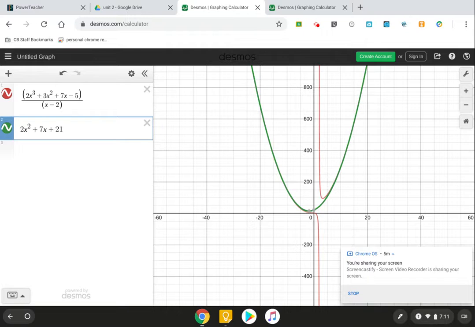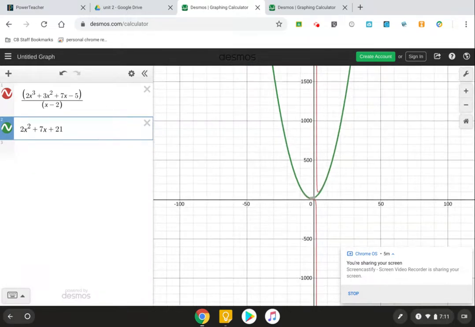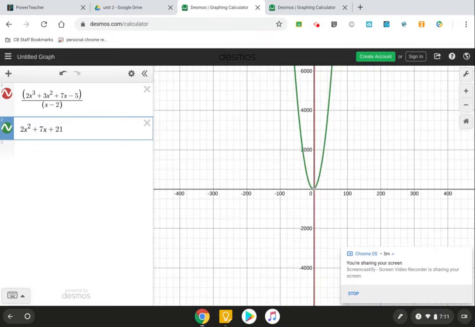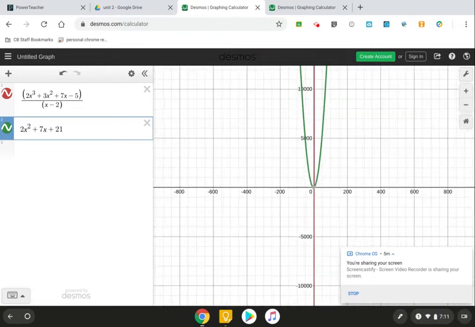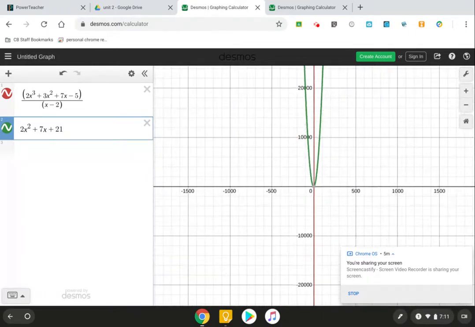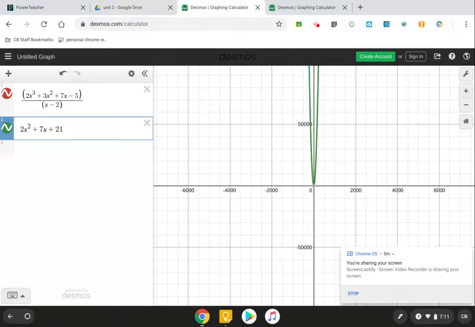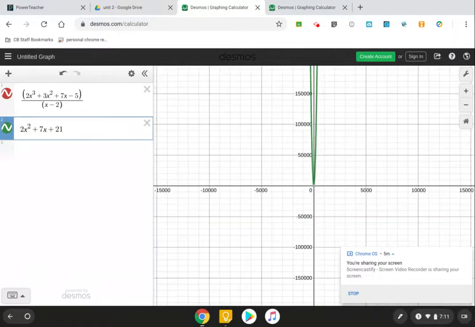Obviously, those graphs are different. If I zoom out, the green graph and the red graph are clearly different. But the more and more I zoom out, hopefully you notice that those graphs start to look closer and closer together.